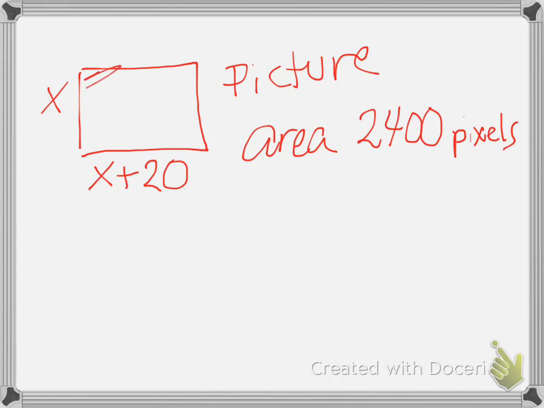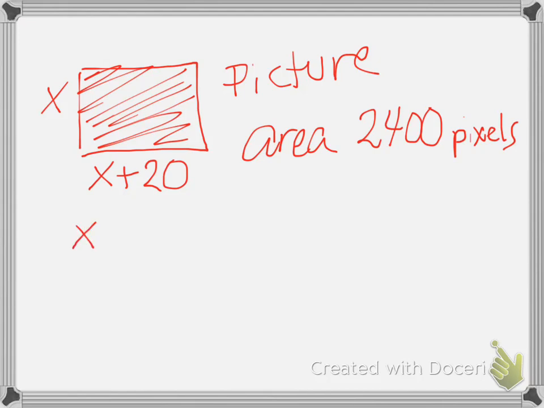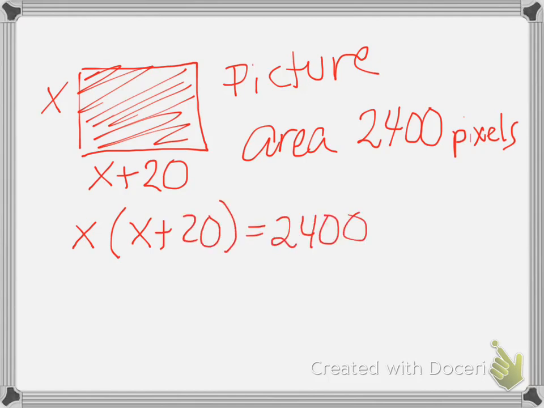So the area inside here is 2400 pixels. And they want to know the dimensions in pixels. So they're saying that x times x plus 20 has to equal the 2400 because area is length times width. So it goes back to, we've done a couple problems like this now.